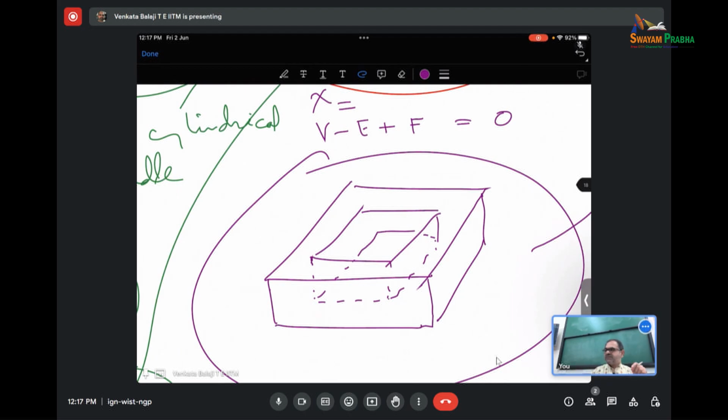It has sharp edges. So it's not the smoothness that is doing anything. It's about how this surface is covered and how many holes it has. This directly does not seem to have anything to do with differential geometry. That's what I want you to understand.